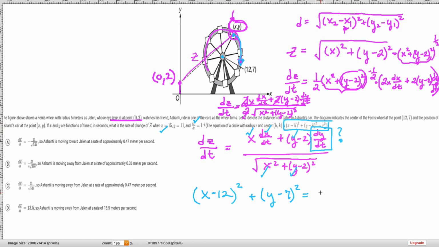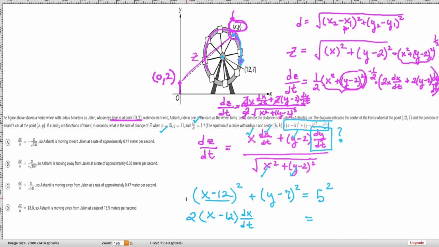Now you could solve for the radius. The radius is 5, but it really doesn't matter because it's a constant. And what you're going to do is differentiate this entire relationship with respect to t. So you can solve for dy/dt, because the only thing that will be missing is dy/dt. So you're going to get 2, because this is the inner function, (x minus 12) times dx/dt, the derivative of that inside.